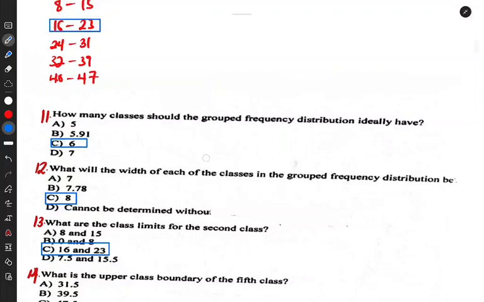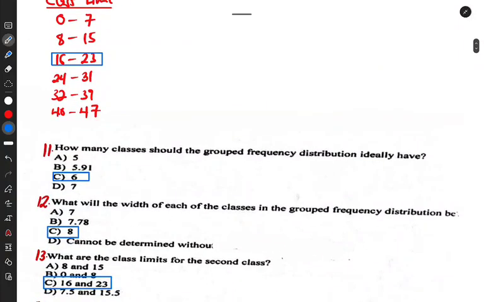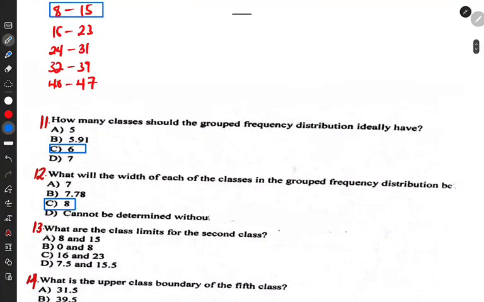But we're told the second class, sorry. I was looking at the third class. So the second class, looking from here, is 8 to 15 rather. So 8 to 15 is supposed to be the right answer. No big deal.